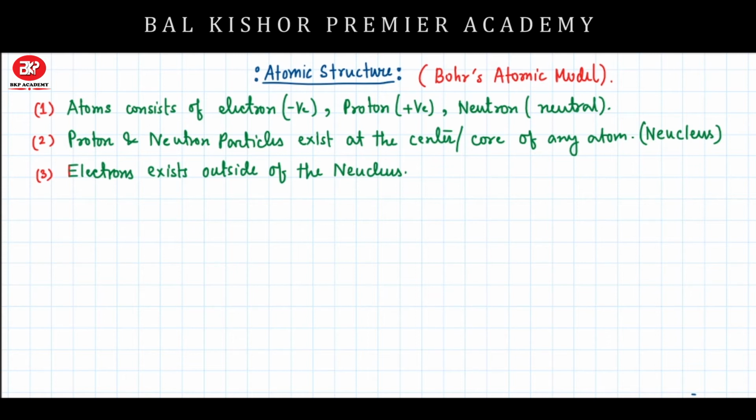And the fourth point, we said that electrons are present in different orbits, or we can say different shells.